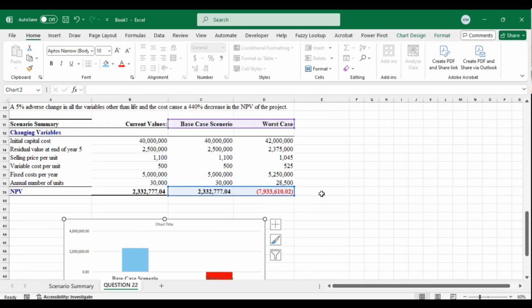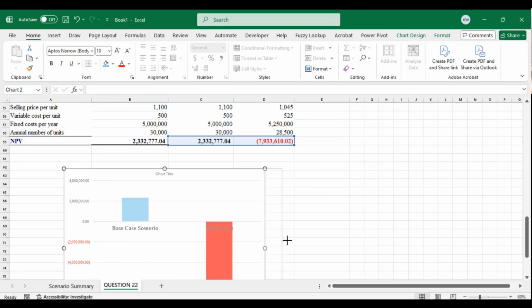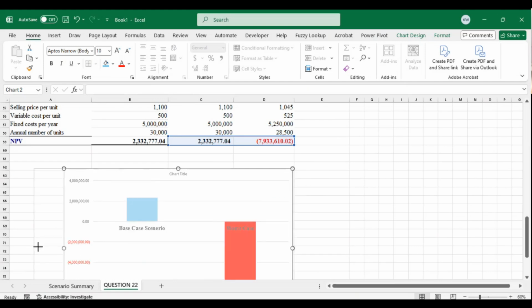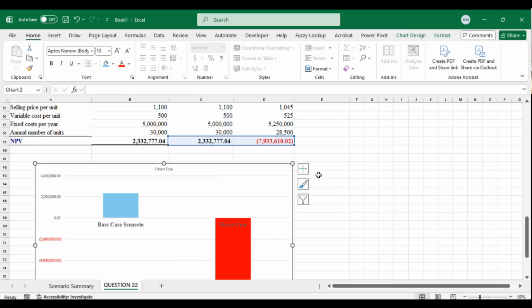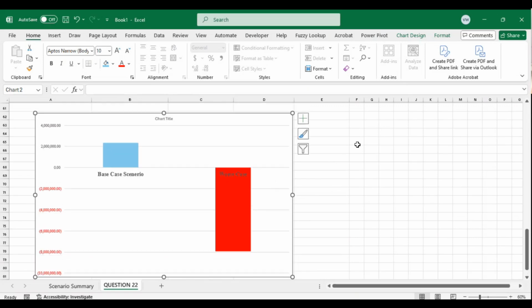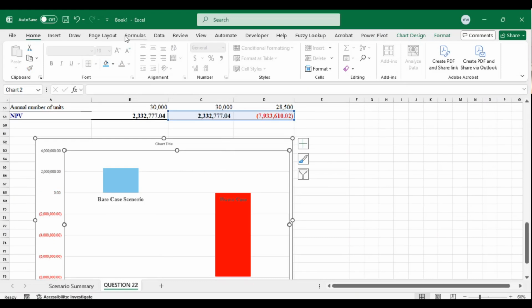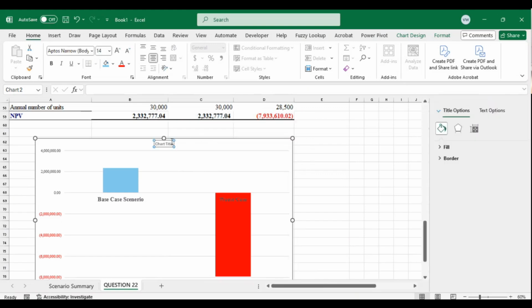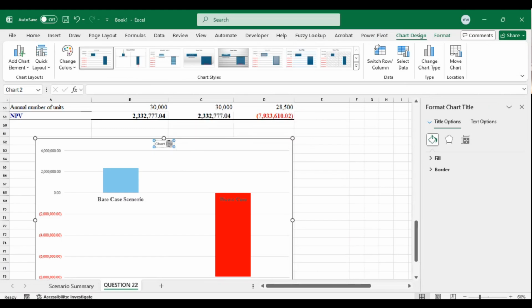You can just have it below, there is no problem, so that we make it as visible as possible. So these are a clustered column chart.